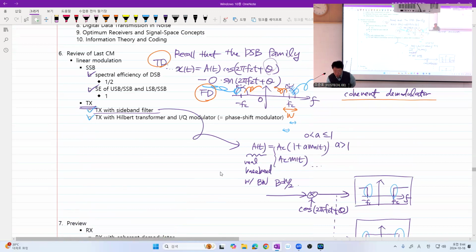So here goes the Hilbert transformer. What is a Hilbert transformer? A Hilbert transformer is an LTI filter, LTI system, with impulse response, what? 1 over pi t. So if you visualize the impulse response, it's a very weird signal, right?